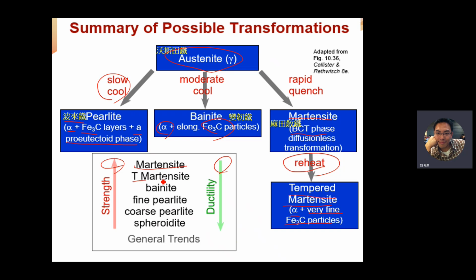The tempered martensite's mechanical property is not as strong as that of martensite. And for the strength, pearlite is stronger than fine pearlite, and fine pearlite is stronger than coarse pearlite and spheroidite.